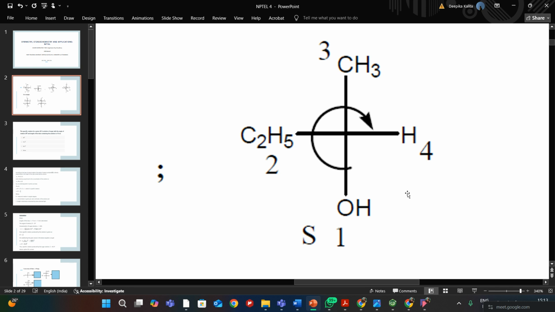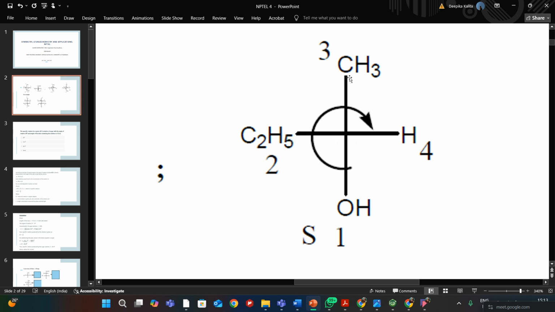In this third example, you can see the alcoholic functionality will be given the first priority. Out of methyl and ethyl, the ethyl group will be given the second priority because the carbon atom which is linked to the chiral center is linked to another carbon atom.